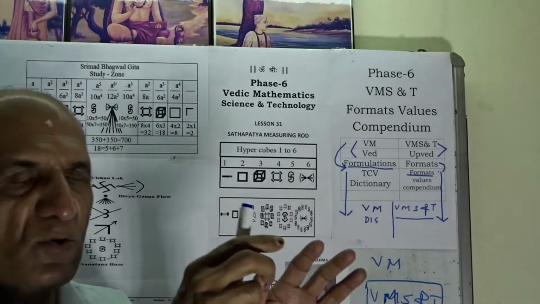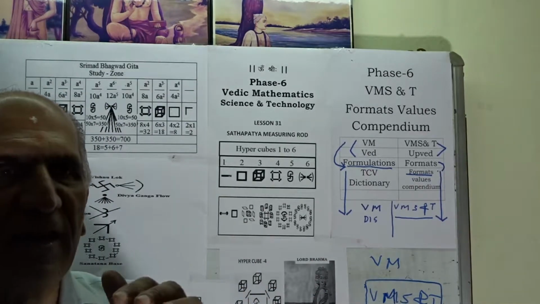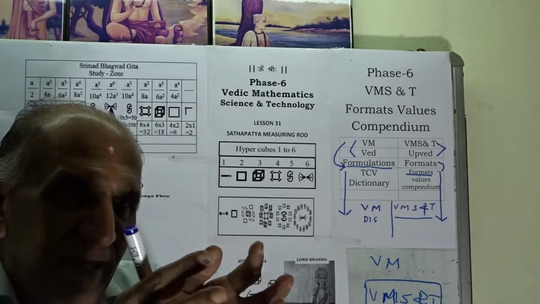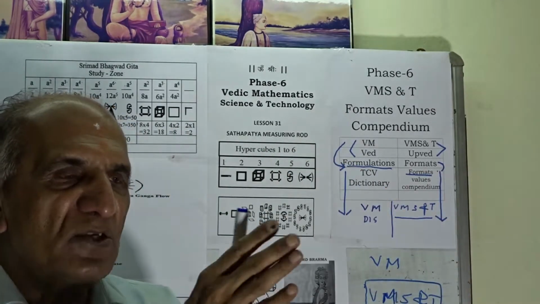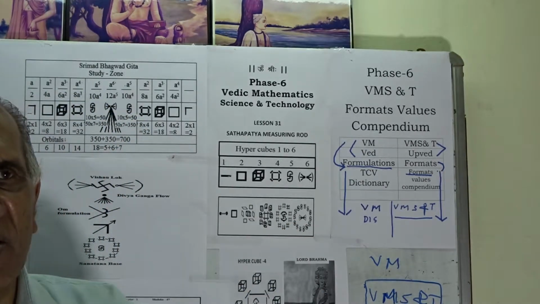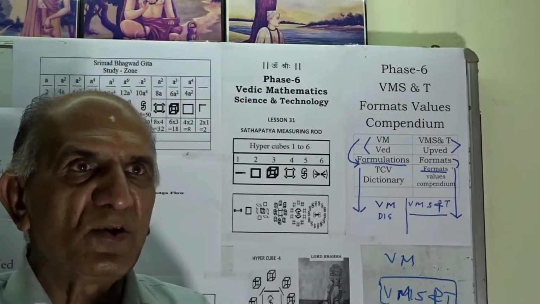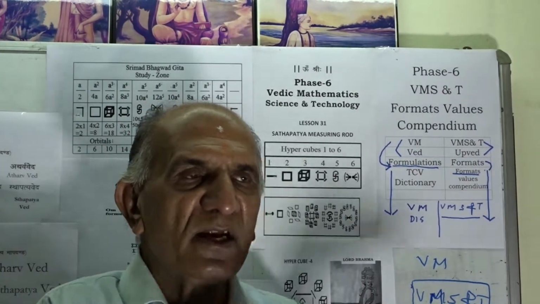So the values which we have been preparing in our TCV dictionary will get associated, will get converted into, will get manifested upon the formats. So values to formats means reaching from mathematics to Vedic mathematics to Vedic mathematics, science and technology. And going from formats back to the values will be reaching from Vedic mathematics, science and technology to the Vedic mathematics.